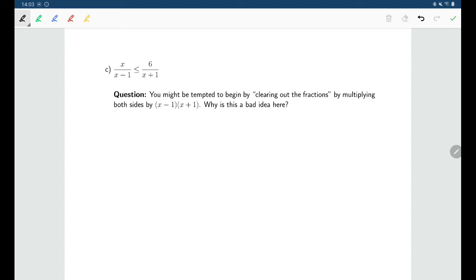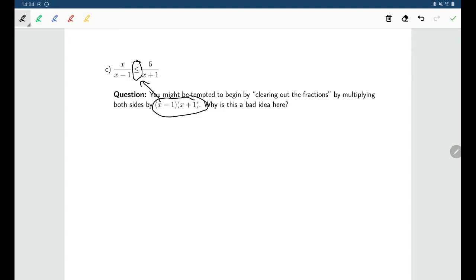But remember that when we're talking about solving an inequality, when you multiply both sides by something, the inequality might change direction depending on whether what you're multiplying by is something positive or something negative. Now, since we don't know when x minus 1, x plus 1, is positive and when that's negative, then we don't know yet when this should be changing its direction.